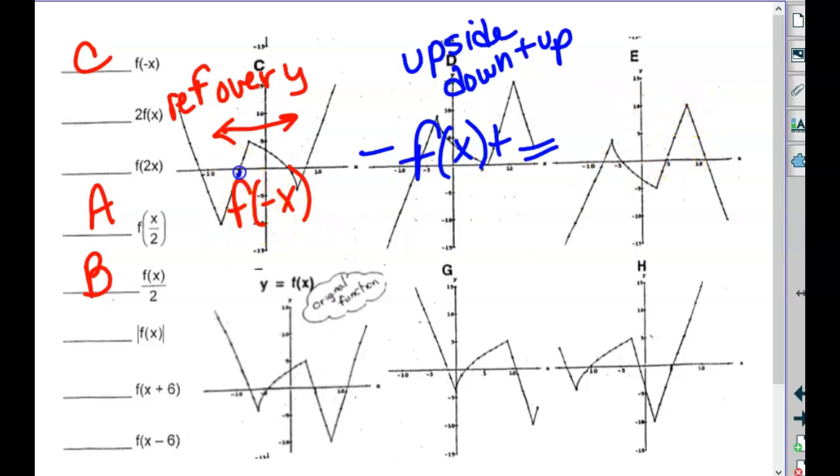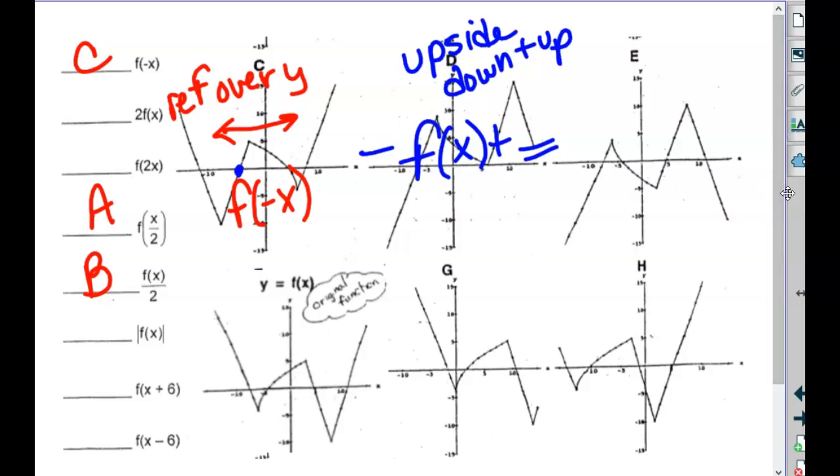Yes, because upside down would just, and then it's, if I'm doing this one, actually, is that reflected across the x and the y? I'm so confused.